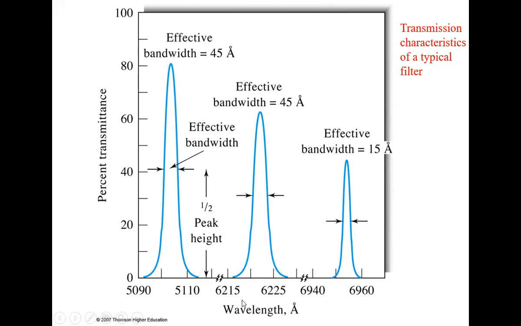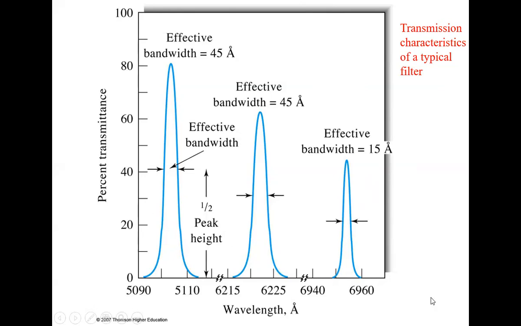Then you operate within here, then the percent transmittance decreases. You can see that, right? Then you can still operate within an effective narrower bandwidth, and you can also see the effective bandwidth decreasing, then the percent transmittance decreases. So those are all used.